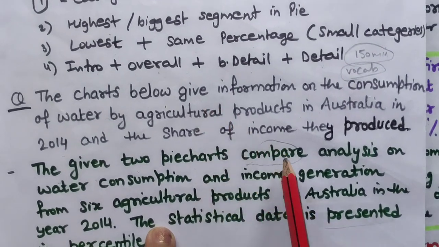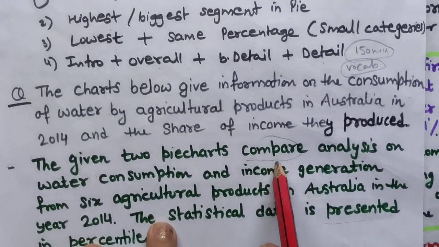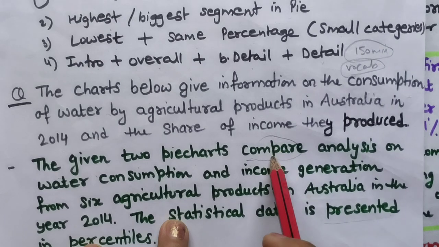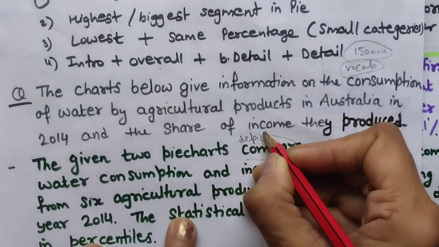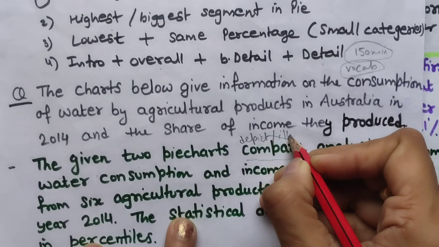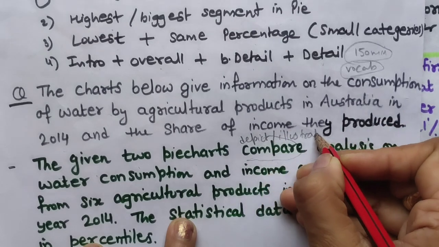Instead of give, I have written compare. Compare or illustrate, or depict also you can write. If you know the spelling of illustrate, you can write illustrate also.